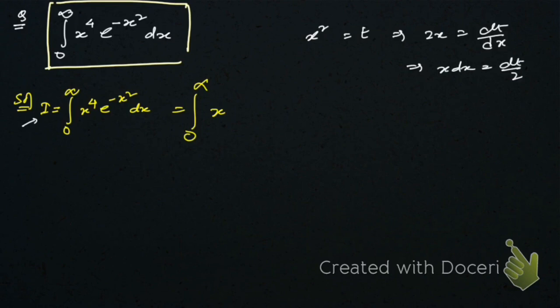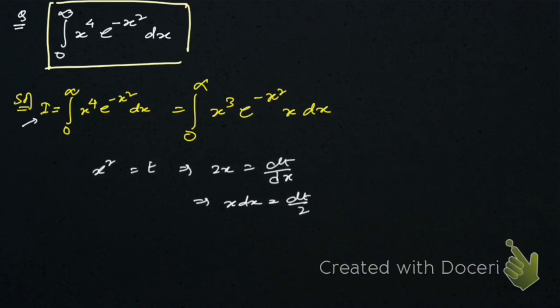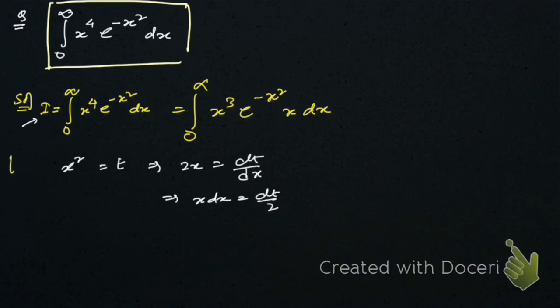So in order to make this x dx, let me write x cube e to the power minus x square x dx, right? Now let us use this. Let us put x square is equal to t, so we can write x dx as dt by 2.